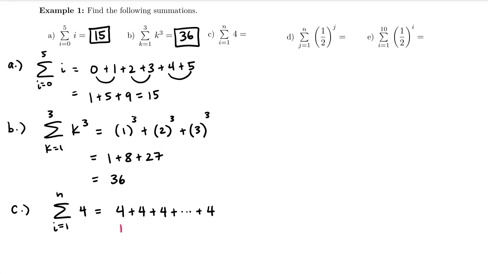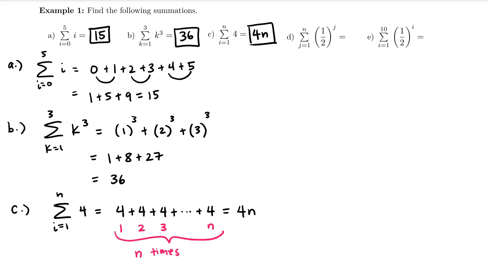Here, this is when my index is 1, this is when my index is 2, this is when my index is 3, and this is when my index is n. That means there are n instances of the number 4. If I'm adding 4 together n times, that is equivalent to 4 times n. So my final answer for part C is 4n.